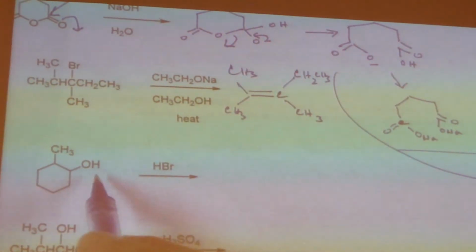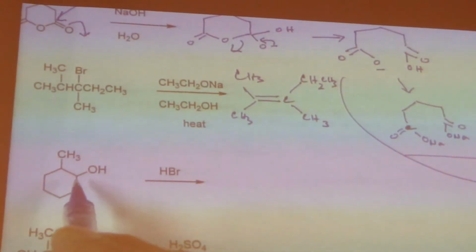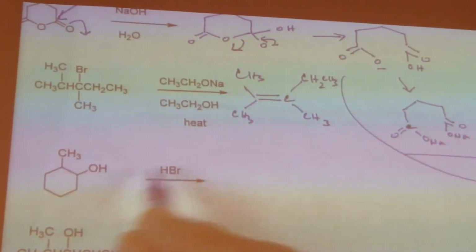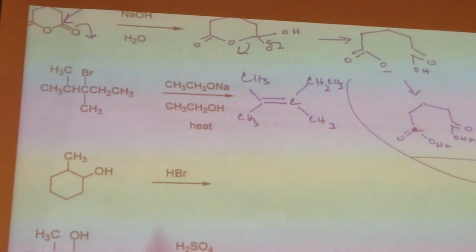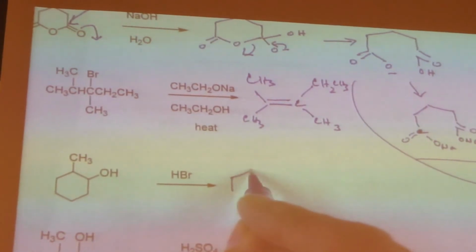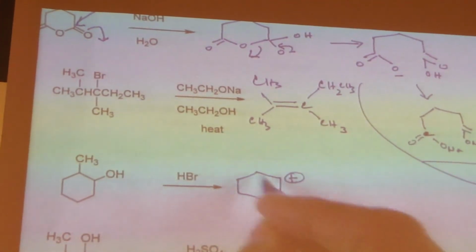The next one can generate at least two products, and of course there will be a minor product, we can ignore that. But essentially it goes through a carbocation formation because the HBr protonates the oxygen, and then you eliminate a molecule of water, which generates this cation.